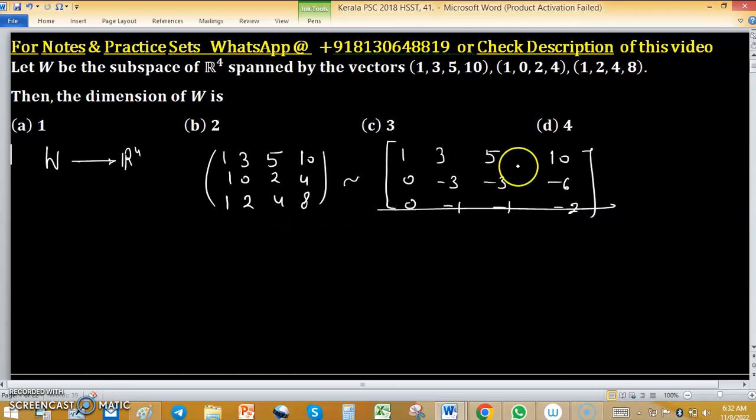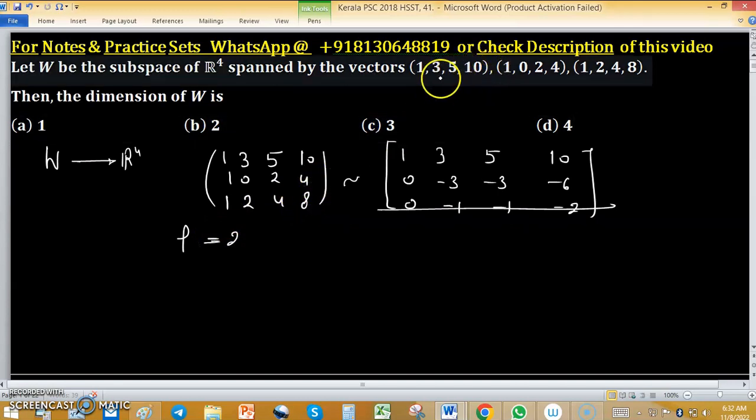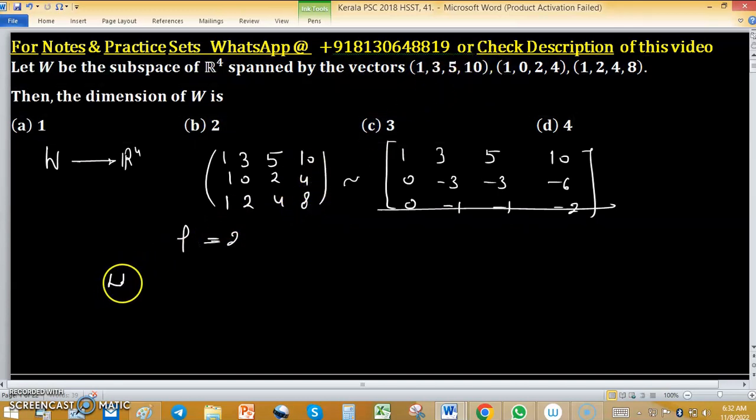That's why the rank of this matrix is 2. It means that there are two linearly independent rows in the given matrix, or columns. So the dimension of W is 2. Option B is correct.